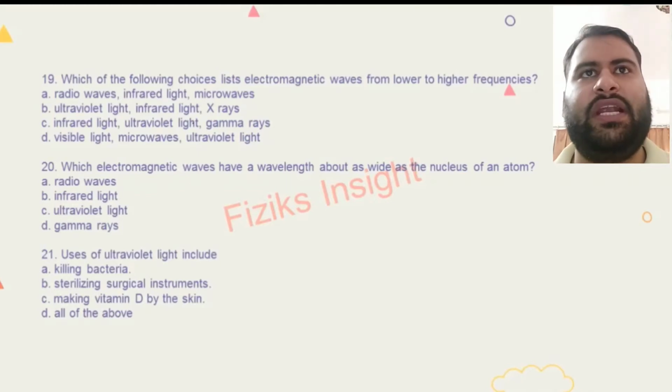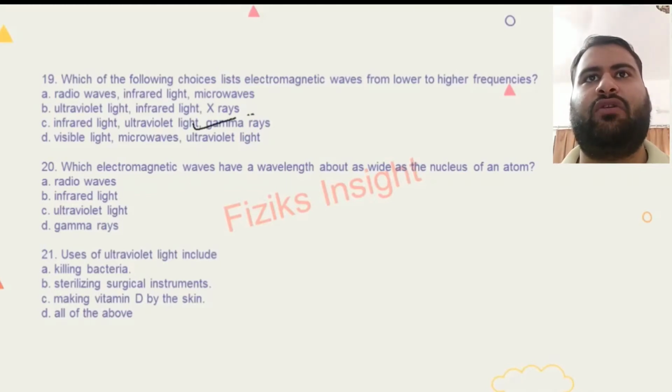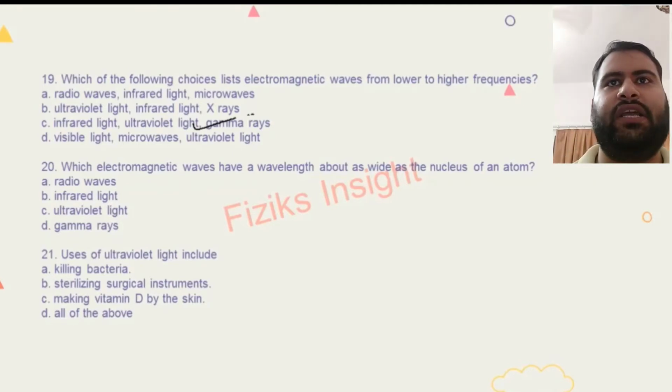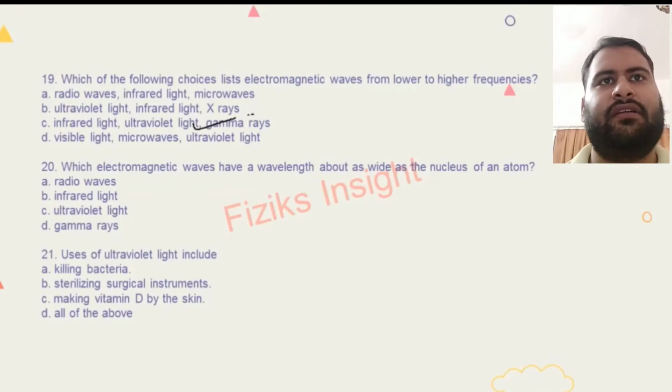Now in the 20th question, which electromagnetic waves have a wavelength about as wide as the nucleus of atom? A part radio waves, B part infrared waves, C part ultraviolet light, D part gamma rays. So which of the options is correct? So the D option is correct here. 20th question, D option.